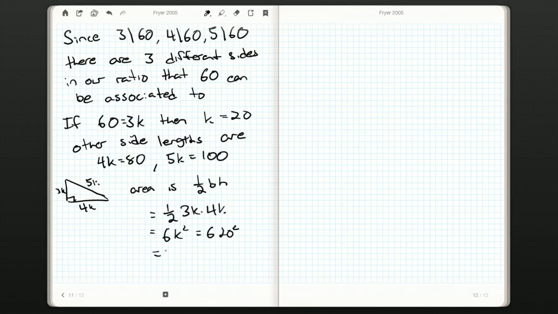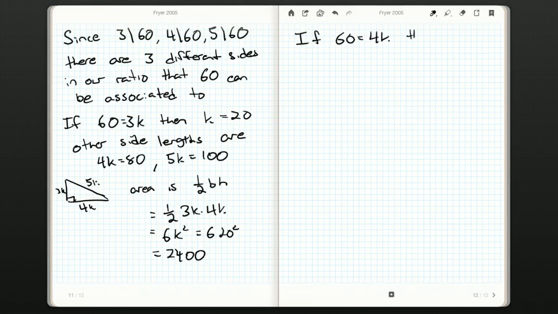So 6 times 400, that's going to be 2400. Okay, so that's one of them.